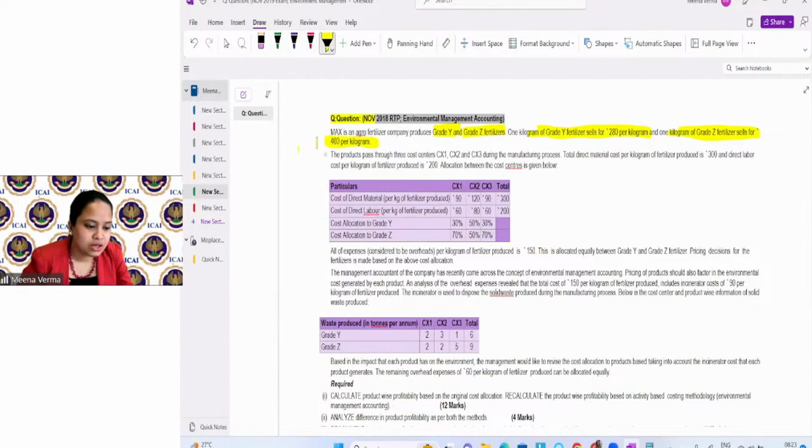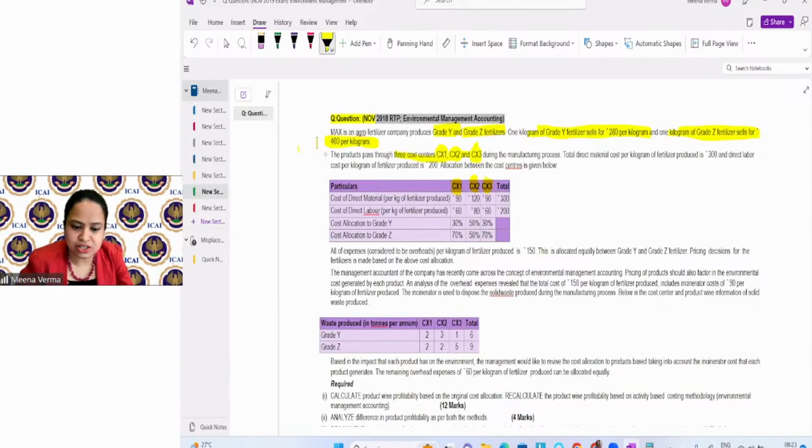What else? The product passes through 3 cost centers: CX1, then CX2, then CX3. So the product passes through these 3 different cost centers during the manufacturing process.